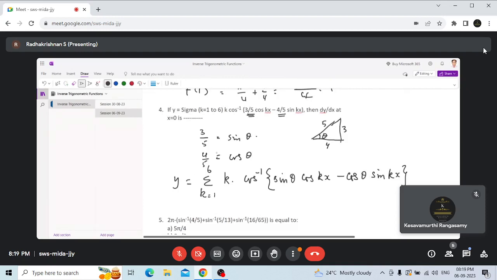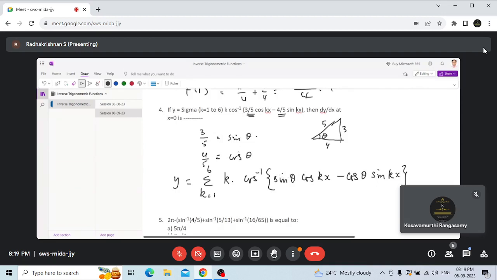Okay, so I made a wrong substitution. Actually, we want to put 3 by 5 equal to, because this is cos inverse, right? So this doesn't help us. This is in the form of sine of something. We can still do it, because sine also we can convert into cos and all that.